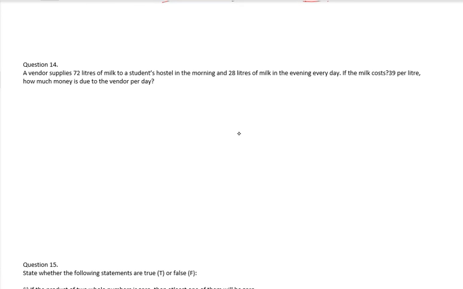The next question is number 14. A vendor supplies 72 liters of milk to a student's hostel in the morning and 28 liters in the evening every day. So the cost you have to find out. If the cost per liter is rupees 39 per liter, so can I say 72 into 39 for the morning part and 28 multiplied by 39 for the evening part, and I have to find the total cost for a day, so I will add these two.